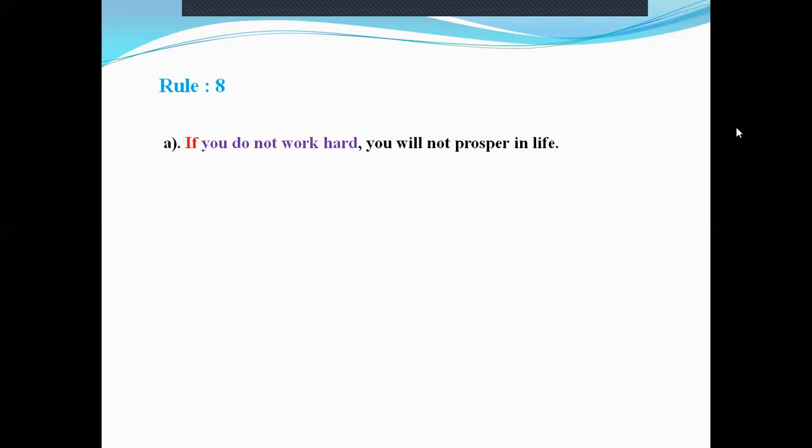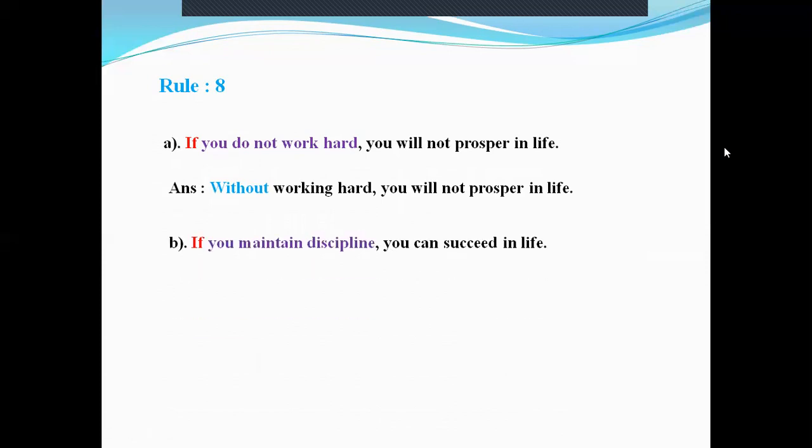I repeat it. If the subordinate clause is in the negative form, use "without" instead of "if", and verb plus ing. So the answer will be: Without working hard, you will not prosper in life.